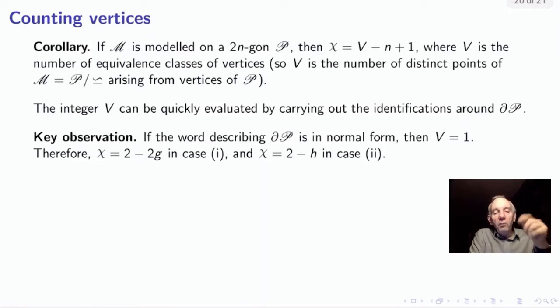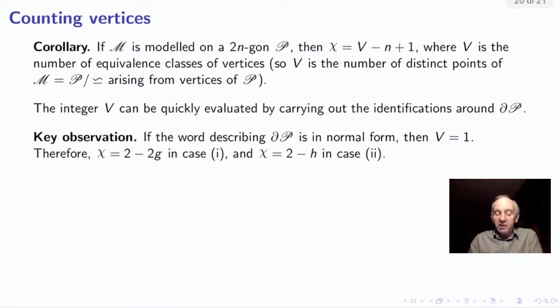And whatever the normal form is, you can check that you only have one vertex on the surface. That is, although you may have lots of vertices on the polygon describing the normal form, all these vertices around the polygon are actually equivalent to each other. I'm going to give you an example of that now, but let's just accept that for a moment.